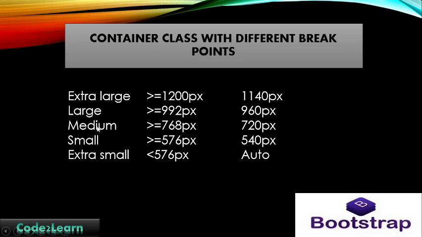And the same goes for medium, small and extra small screens. So in our Bootstrap classes, they have added different media queries according to these screen sizes. According to this only, our container size changes. As you can see, this is our container width.